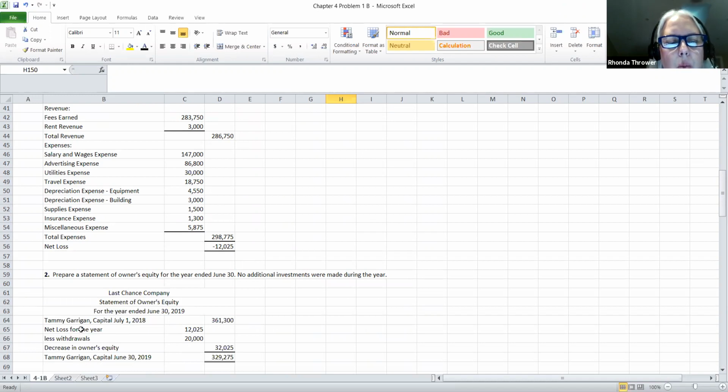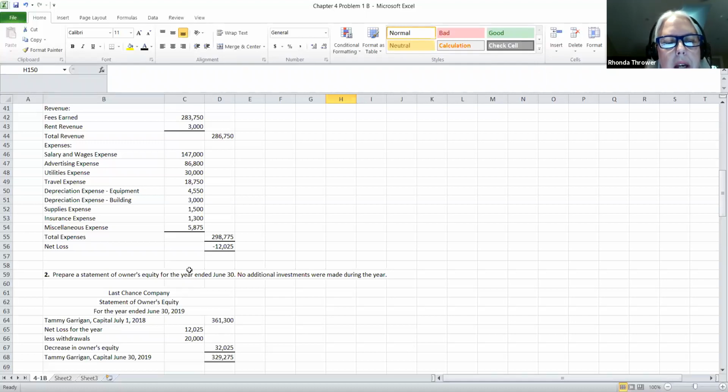Now to this, we would add any additional investments. But for this company, the instructions told us in part 2 that there were no additional investments. So we didn't have any to account for. So what we're going to record next is the net income or the net loss.